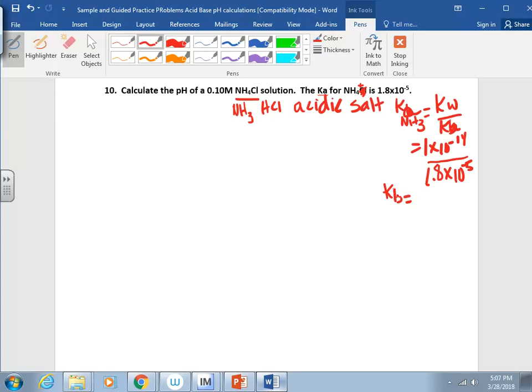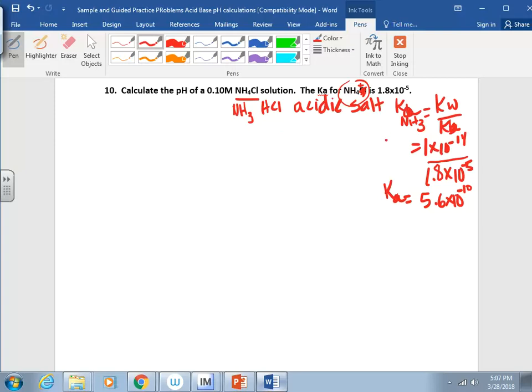All right, so we're finding Ka because this is an acidic salt. Okay, I'm getting a little bit ahead of myself. That's going to give me a Ka value equal to 5.6 times 10 to the negative 10. I hope I didn't confuse anybody with that. I was getting ahead of myself there. Let me write that a little bit better. Ka. And so it's the Ka of NH4 plus.